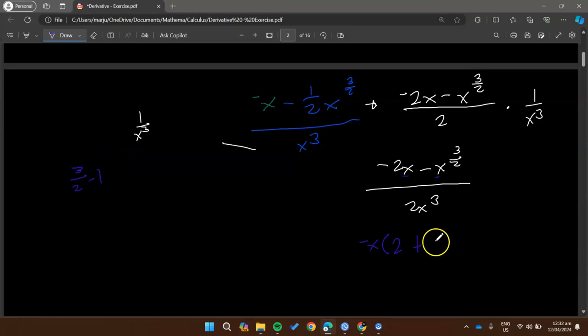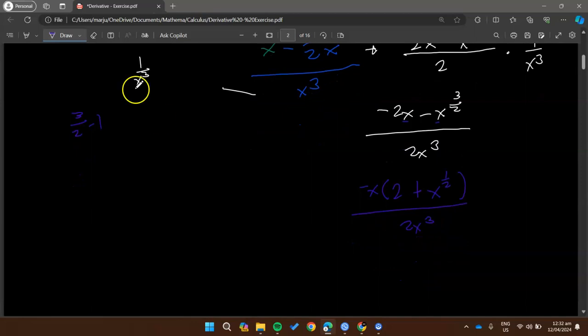So that is just plus x raised to 1/2, and then again all over 2x cubed. So notice here that this can be written as x times 2x squared, right? So meaning to say, we can actually cancel that one out.